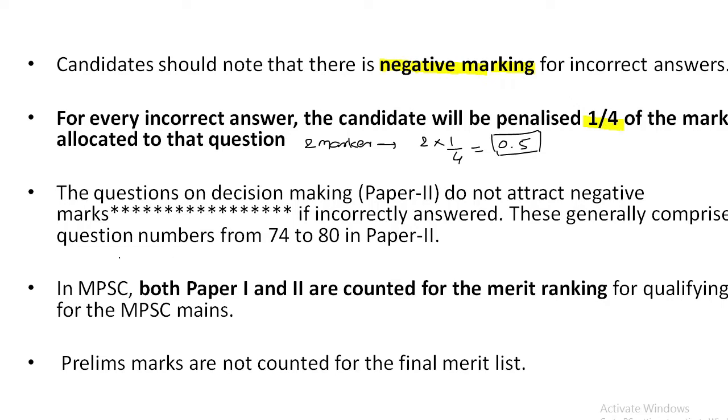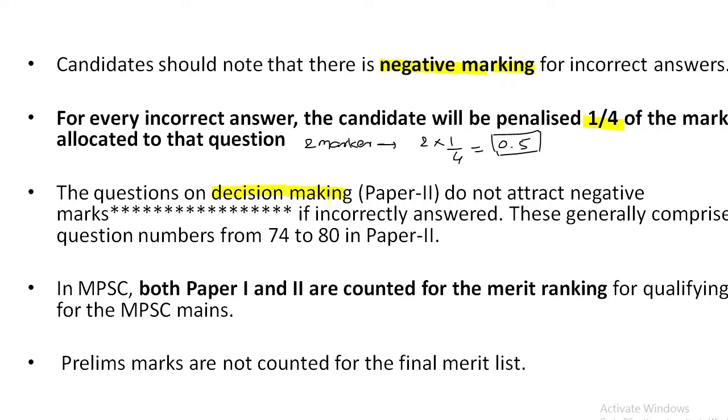Now let's move to the third point. The questions on decision making. Beginners who don't know what decision making is, don't worry. In the next lecture I will discuss all the small topics and the main topics of the CSAT syllabus elaborately.